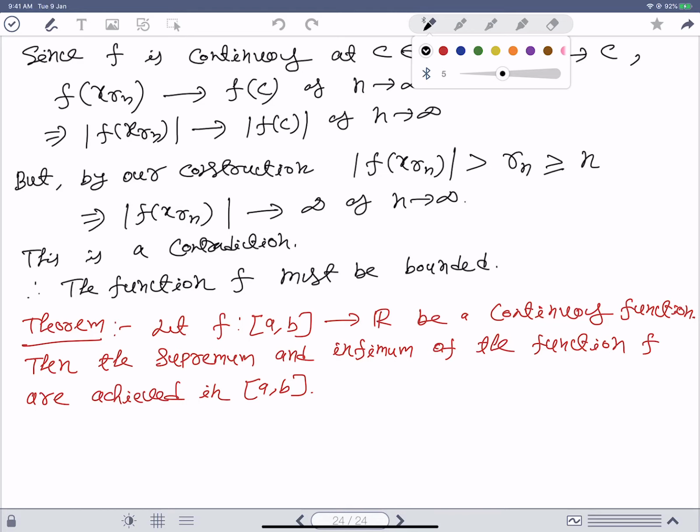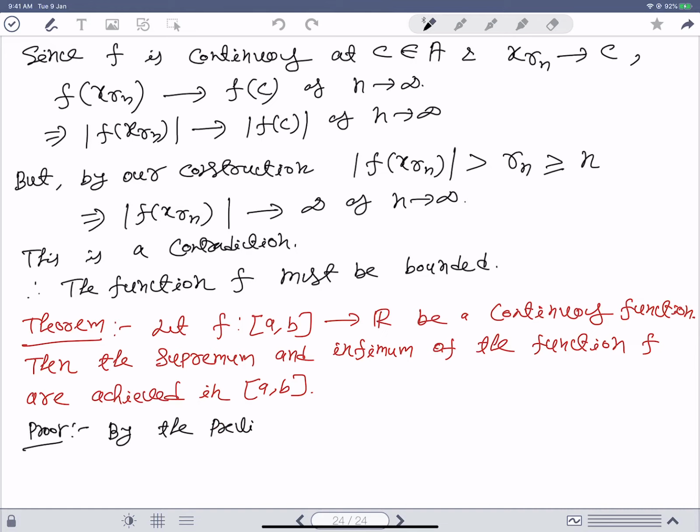So here is the proof. First of all, by the previous theorem, we have f is bounded. What does it mean that f is bounded?